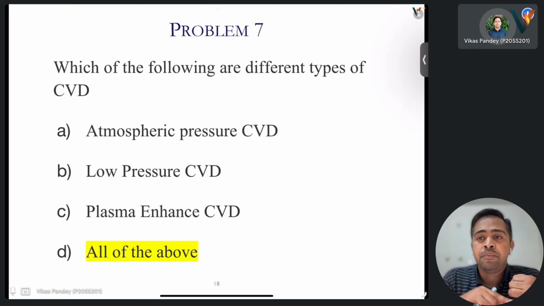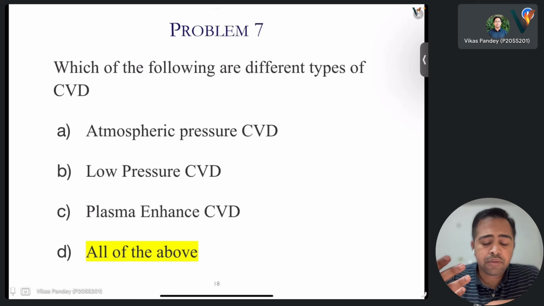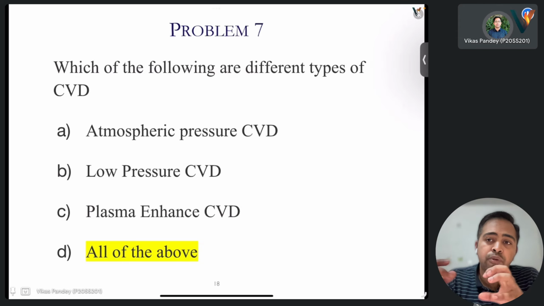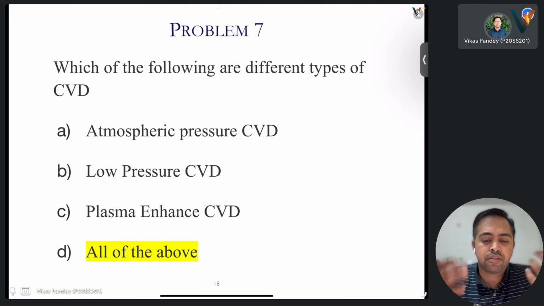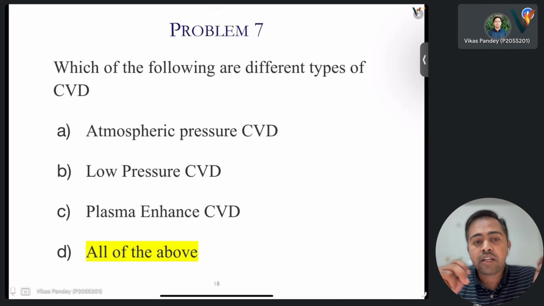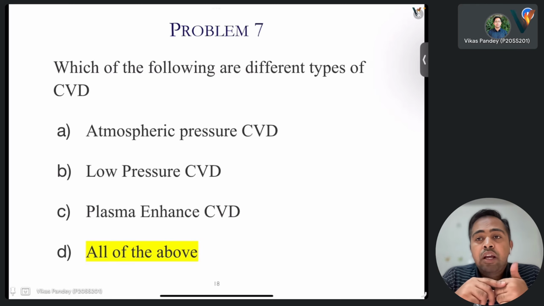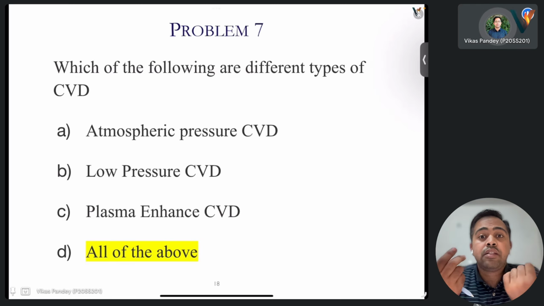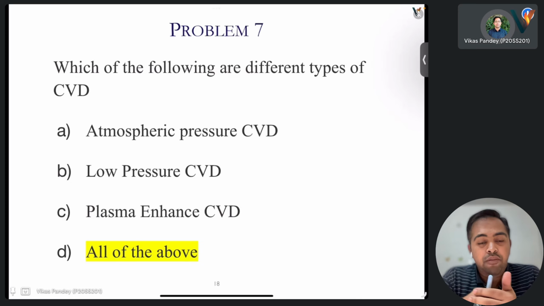Low pressure CVD is in which we decrease the pressure. That means we remove the external available gas from it, and then we only flow the desired gas. This will have the effect that it will increase the mean free path. Remember, we have talked about mean free path very frequently.